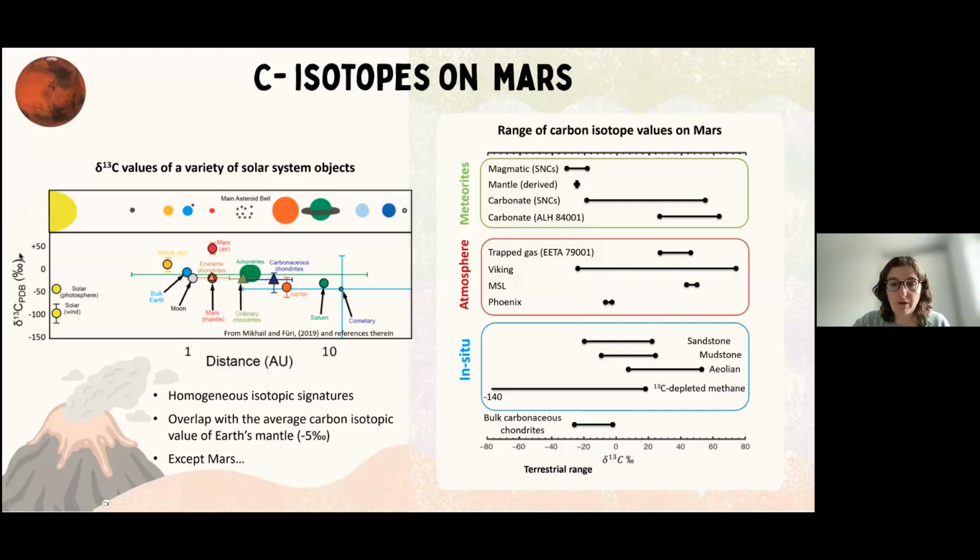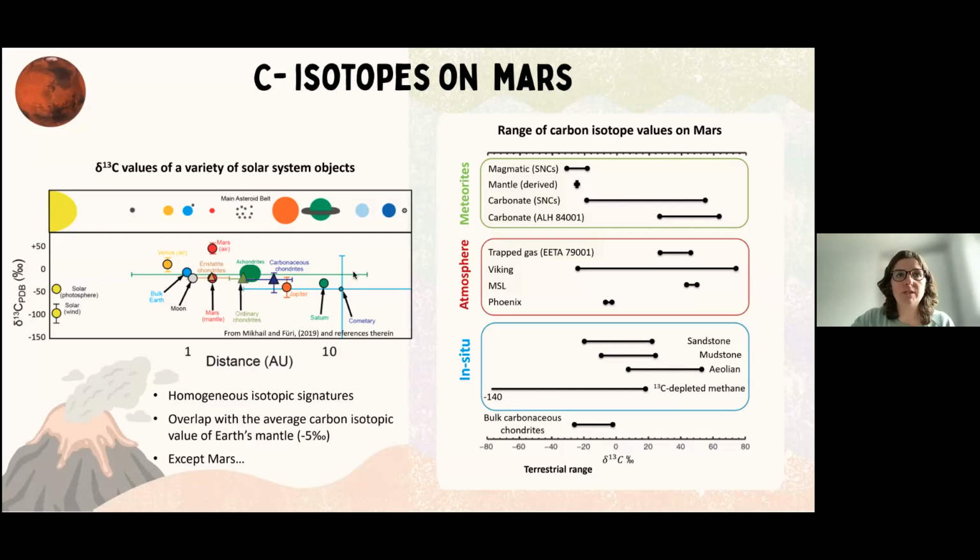When I was preparing this presentation, I came across this picture on the left on the delta carbon 13 of different objects in the solar system. And I found it very illustrative, because without having a deep knowledge about carbon isotopes, it's pretty easy to observe that the carbon isotope signatures of the different objects are impressively homogeneous, and they overlap with the average carbon isotopic value of Earth's mantle, that, as I said before, is -5 per mil.